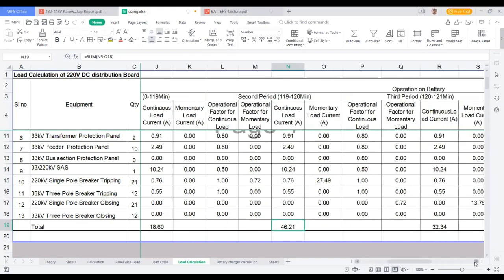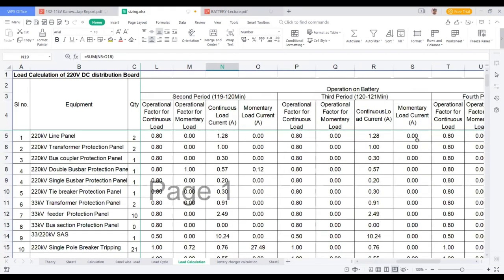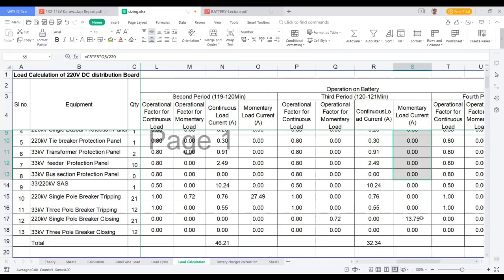And in the third step, where I'm just closing the breakers, there is no operation of any relay, but I'm closing 21 breakers. Why 21? Before, I said that the 220 kV breakers are individually pole operated. So 7 breakers, 7 into 3 phases, 21.